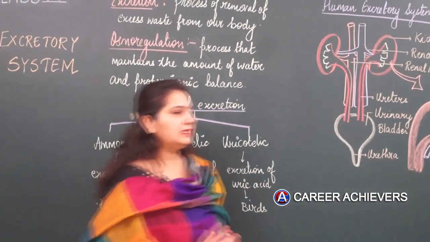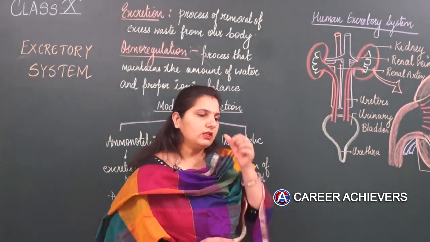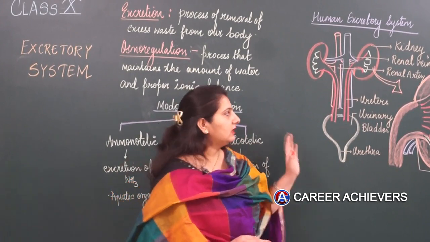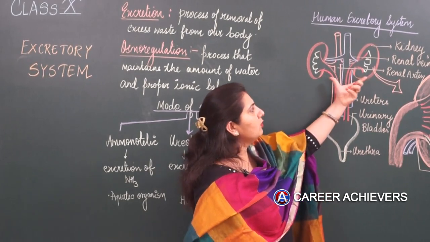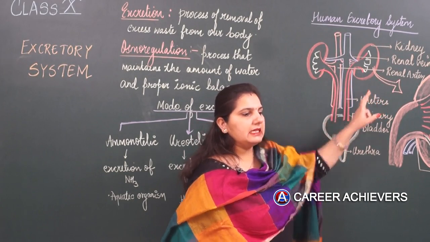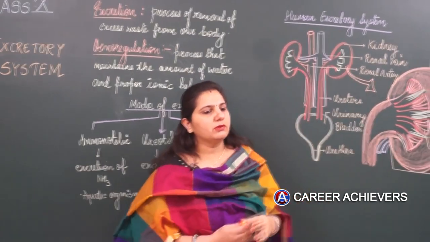Now we have different types of excretory organs in different organisms. In the same way we also have a well-defined excretory system in our own body. So the human excretory system comprises two major parts, that is the two kidneys. These kidneys are located at the back side of the body along the two sides of the vertebral column.